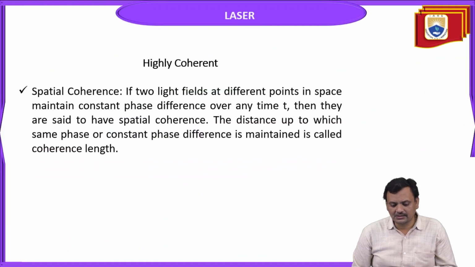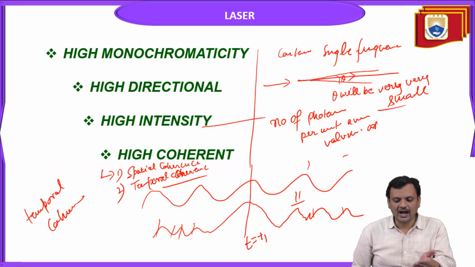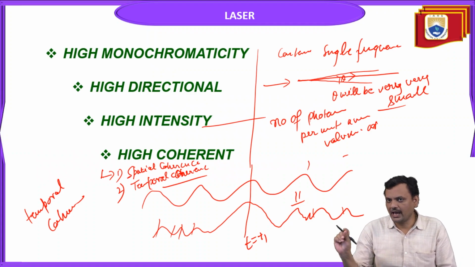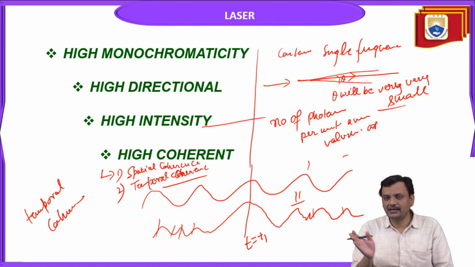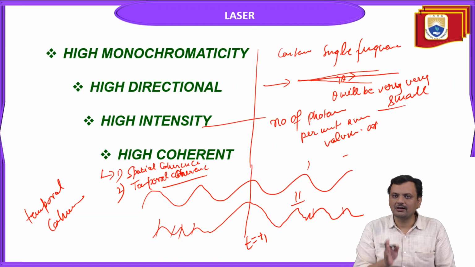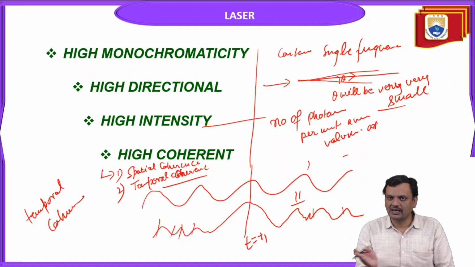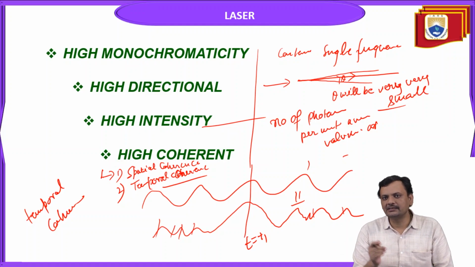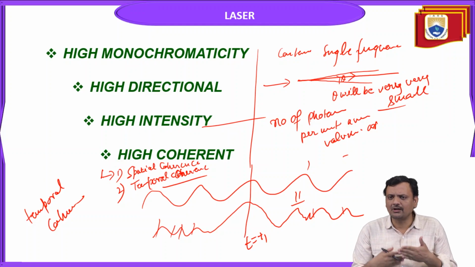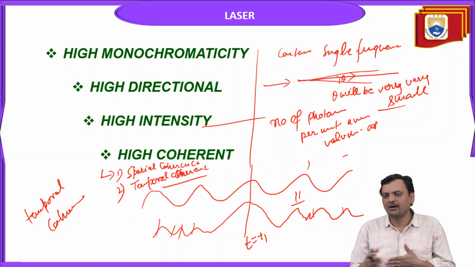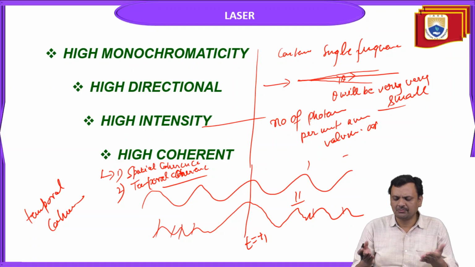What are the characteristics of laser? See here, high monochromaticity. So all the photons will have a unique frequency, means highly monochromatic. Highly directional: all the photons will travel in a unique direction. High intensity. High intensity means what? The number of available photons per unit volume or area will be more.